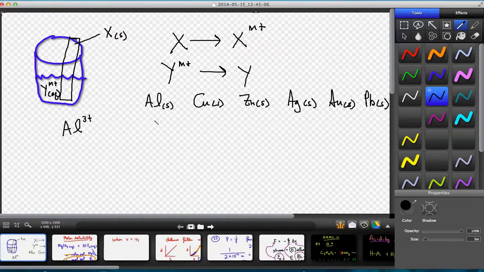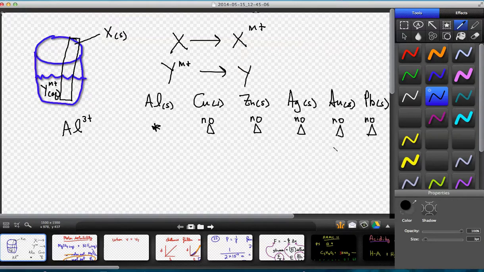Now obviously there's going to be a reaction here. But look at copper. There's no change. That means there is no reaction. With zinc, there is no change. That means there's no reaction. In fact, there's no change with any of these, which means aluminum 3+ is not easily reduced.